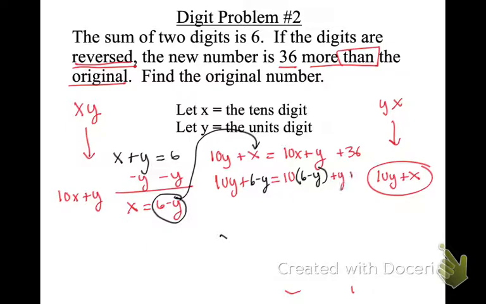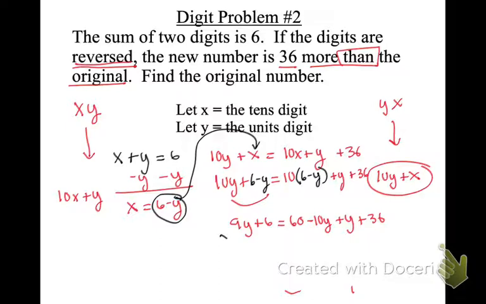Here's the biggest problem. People forget to bring everything else down. So over here, I end up with 9y plus 6 equals 60 minus 10y plus y plus 36. I always tend to forget a y.